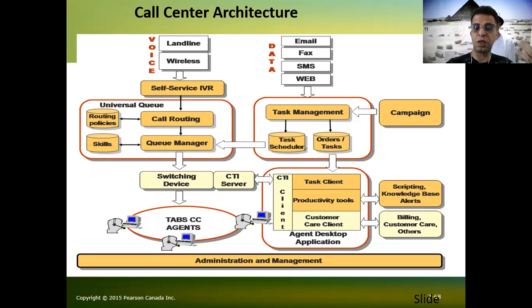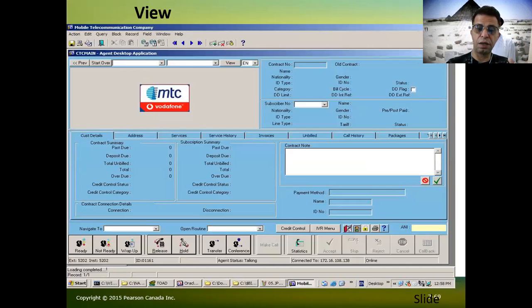Could be voice, as we said, or data. And when they are doing some kind of campaign or responding to you, you will see this is MTC. MTC is now called Zain, which was part of the umbrella of Vodafone UK, which had the most operators worldwide.